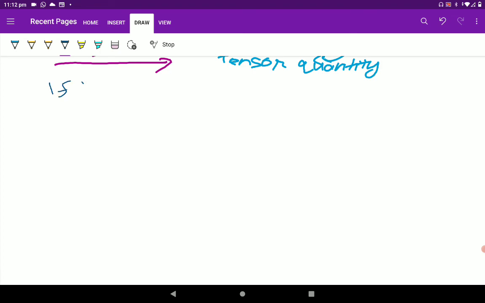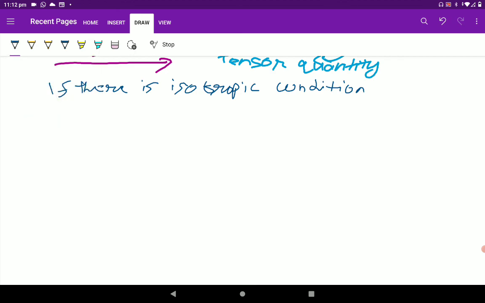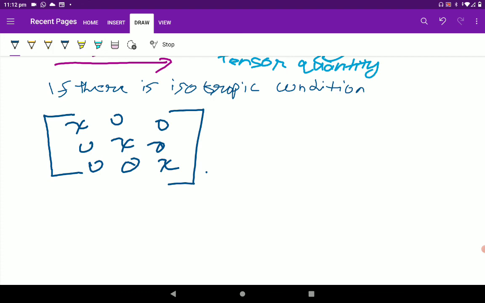If there is an isotropic condition, then we can write that tensor quantity in the form of a scalar, and we can write it as this. So it's a scalar quantity.